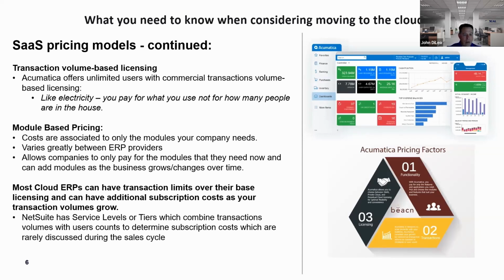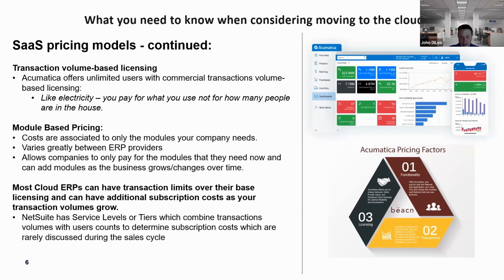In the case of NetSuite, they combine both. They've got service levels or tiers which they combine with your transaction volumes. So you have to be very careful there. Again, there's a lot of different cloud solutions out there. They all have a different pricing model. The more complex the pricing model, the more you have to be careful that you know all your costs before you commit to anything, because the last thing you want to do is get a year into an implementation.